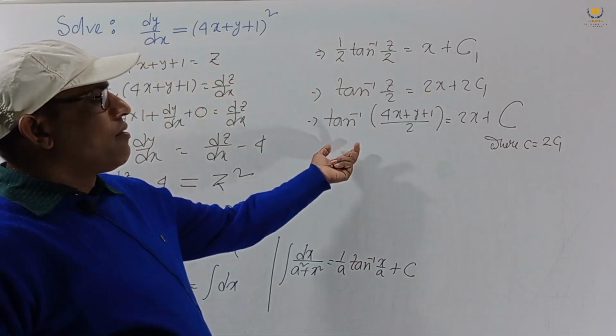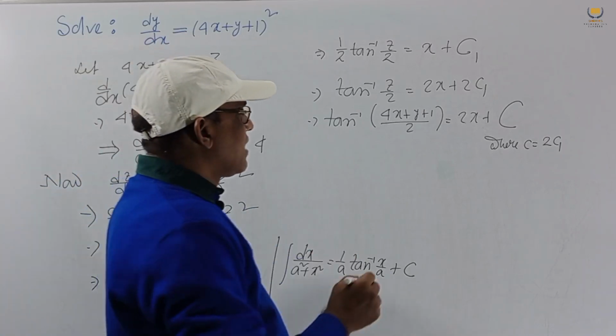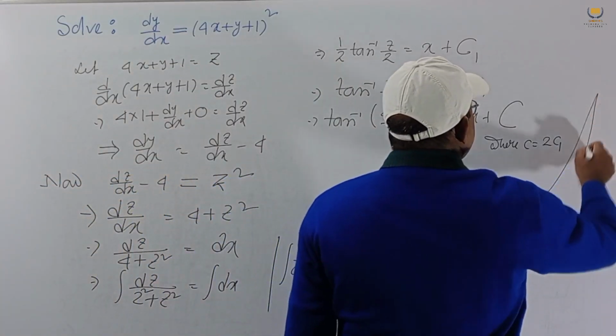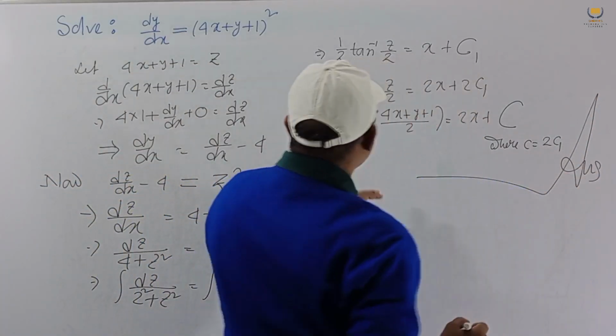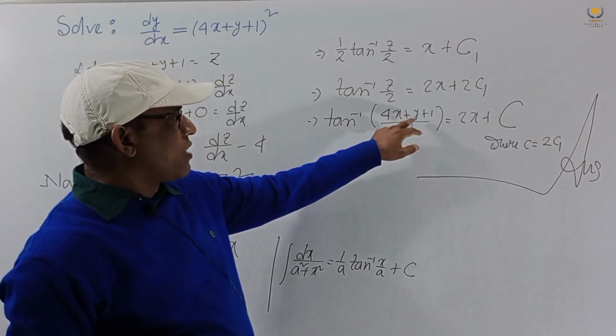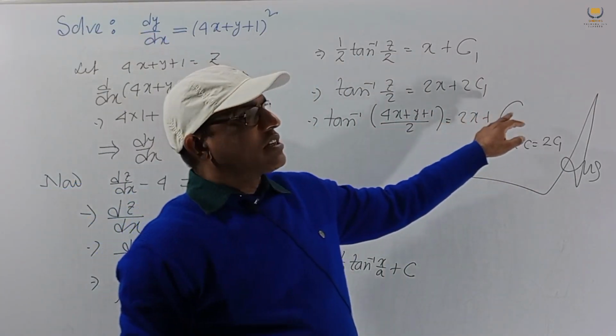This is the final answer, and this is the required answer. So the answer is tan inverse of (4x plus y plus 1) by 2 equal to twice x plus C.